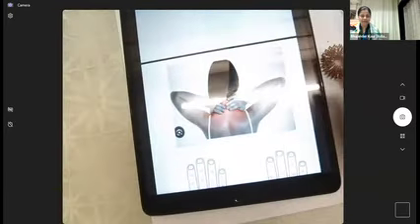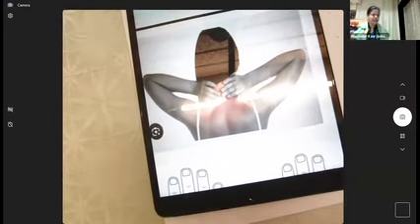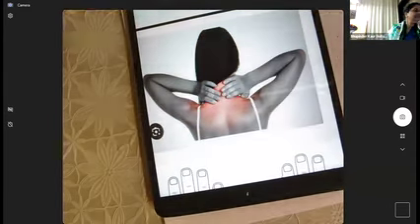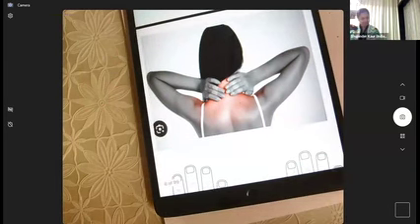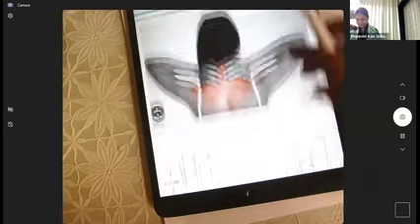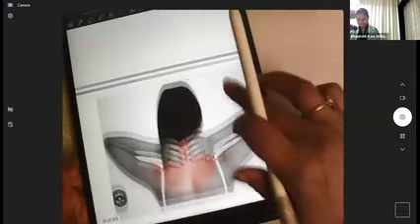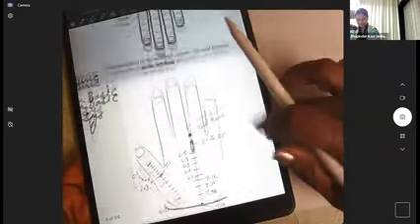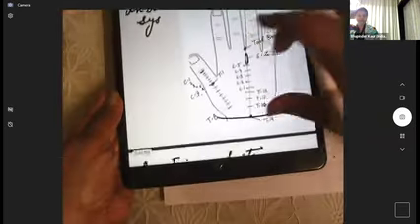So now let us focus first on cervical pain. Yes, the patient is having cervical pain. Then how to do treatment? This place, you have to focus on this place.